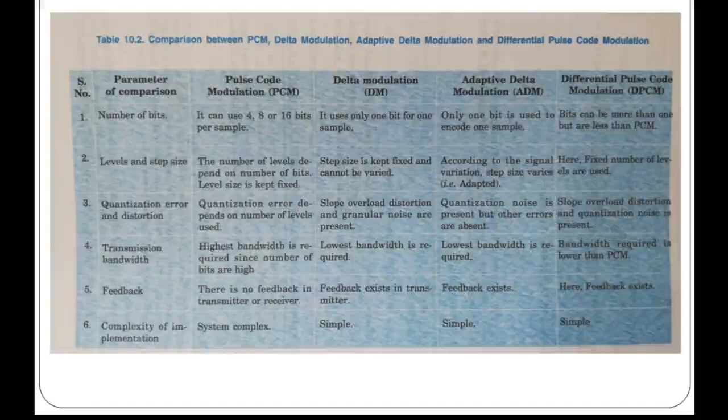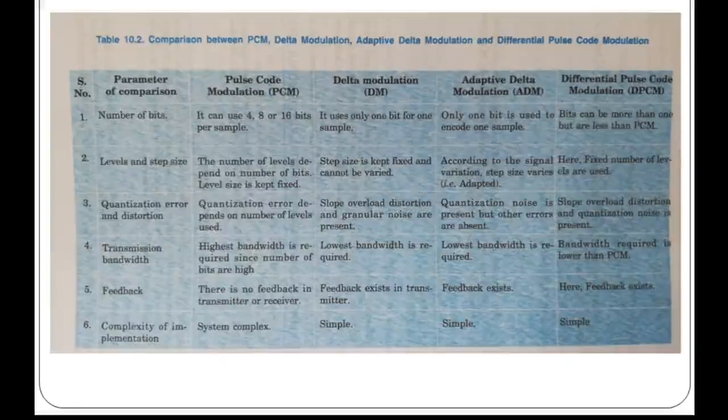The transmission bandwidth, this is the most important thing. The highest bandwidth is required in PCM because each sample is encoded with the predefined number of bits. Let us take if it is 4, then each sample is encoded with 4 bits. So the highest bandwidth is required since the number of bits is high. In delta modulation only one bit is used, so the lowest bandwidth is required in delta modulation.